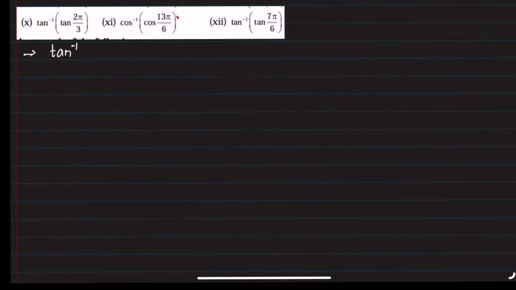Tan inverse of tan 2 pi by 3. Tan 2 pi by 3 can be written as 3 pi minus pi whole upon 3, or we can write this as tan inverse of tan of pi minus pi by 3.